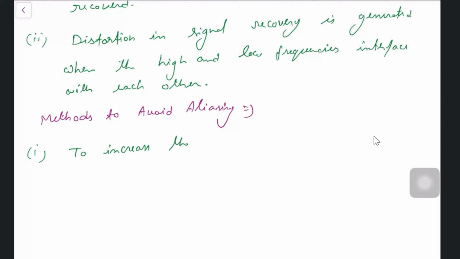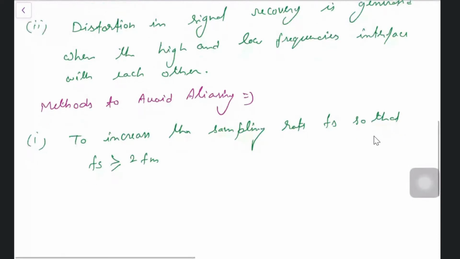So in that case you can increase the sampling rate fs so that fs should be greater than twice of fm. You can make it equal also.